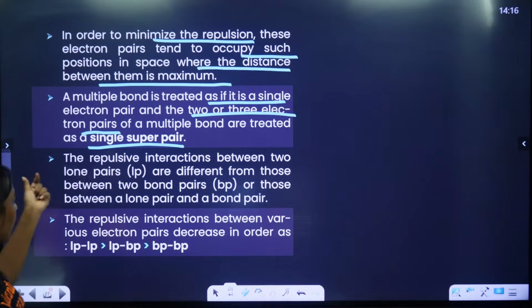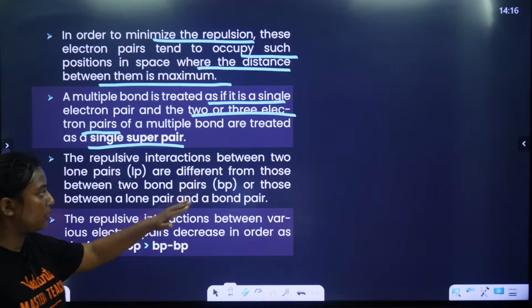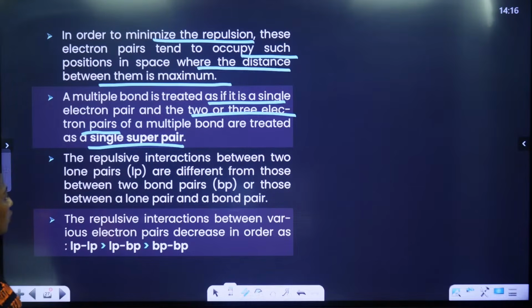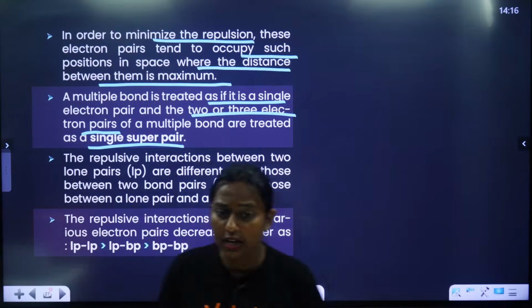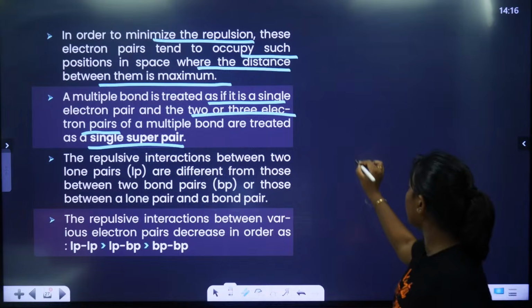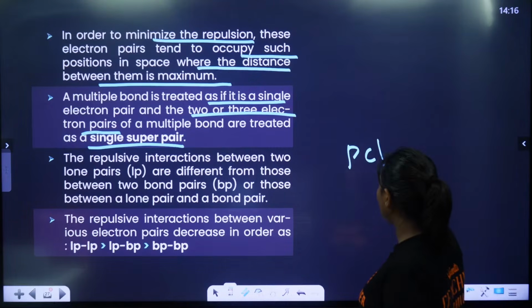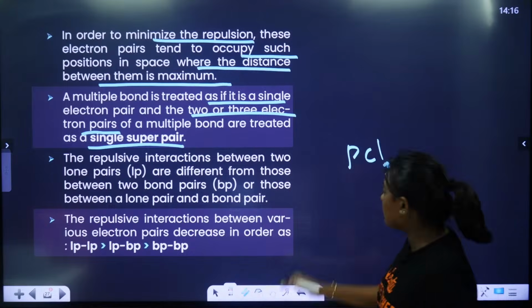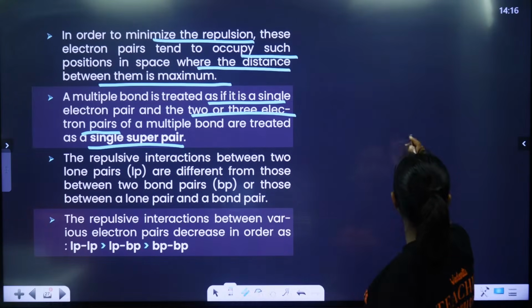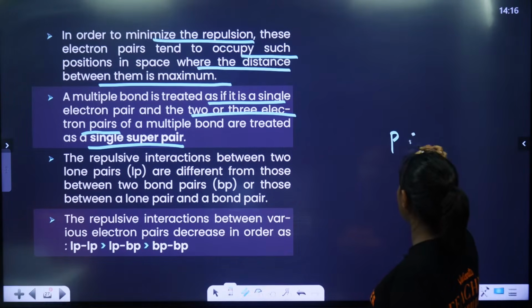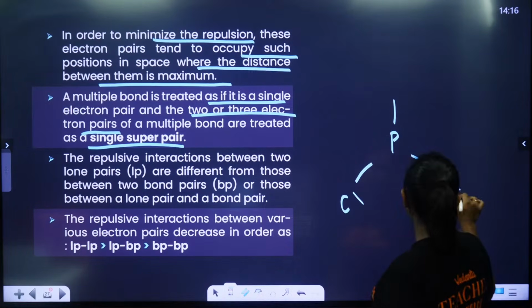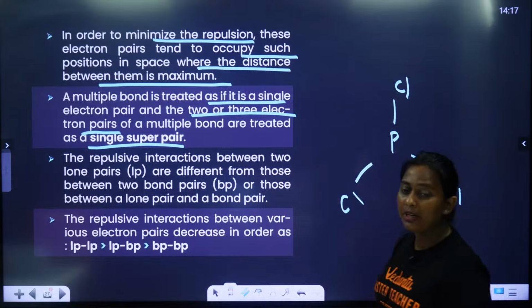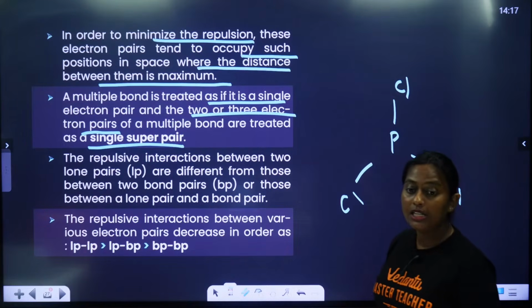The next point is the repulsive interaction between two lone pairs. Two lone pairs are different from one pair. We know that bond pairs and lone pairs exist. Consider PCl3. I will show the structure of PCl3. It's not the correct structure, I am just drawing the normal structure: P with Cl, Cl, Cl. How many electrons are there in PCl3?